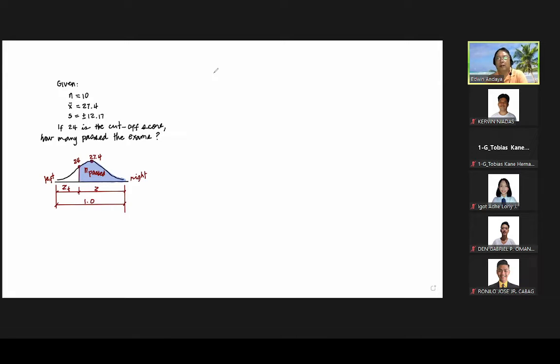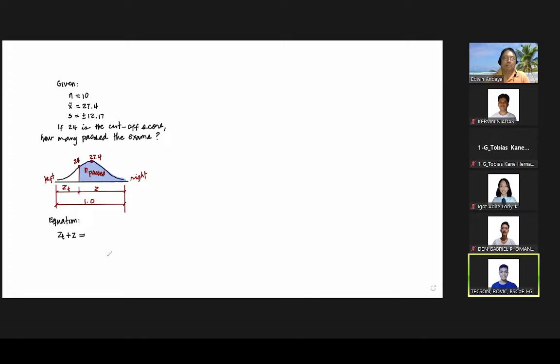We can formulate our equation now. If we add z sub t and z, the sum is 1.